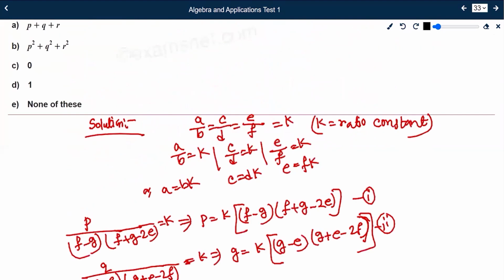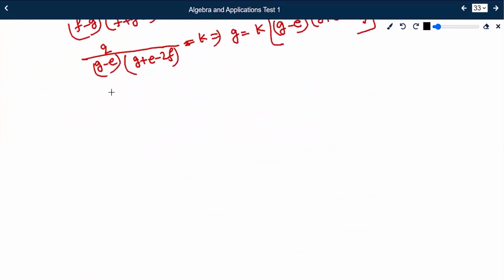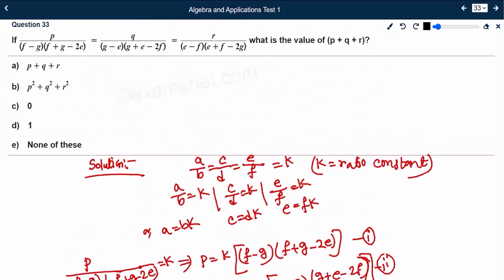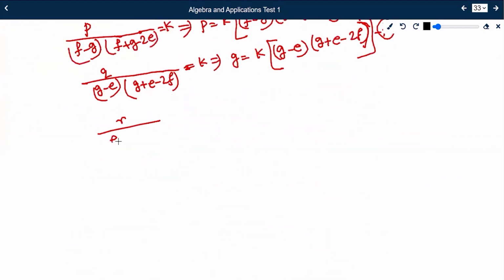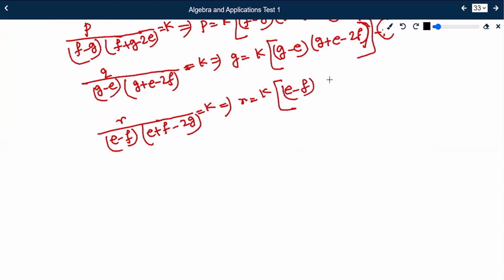Now the third ratio is r by (e minus f, e plus f minus 2g). That means we can write r equals k multiplied by (e minus f)(e plus f minus 2g). Let's name it equation 3, correct?